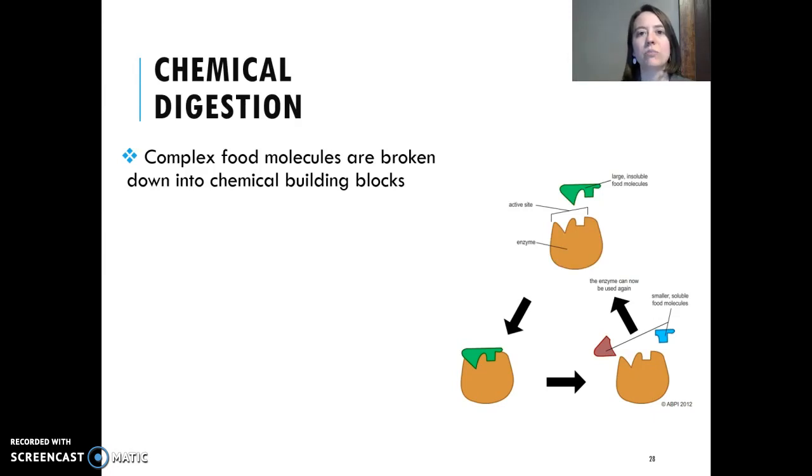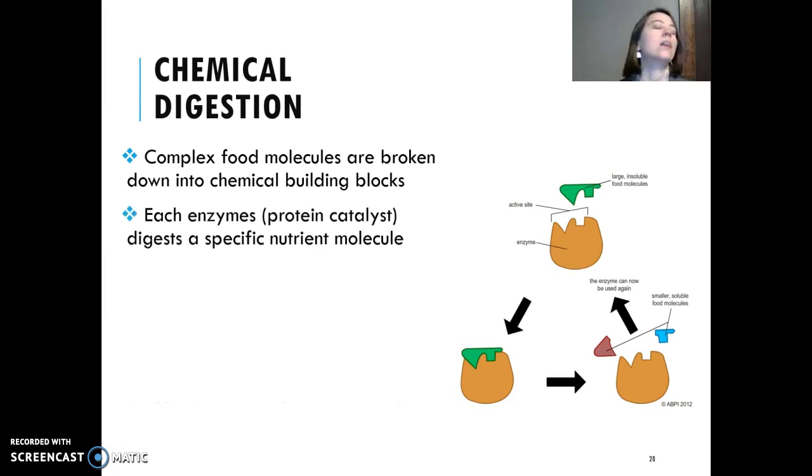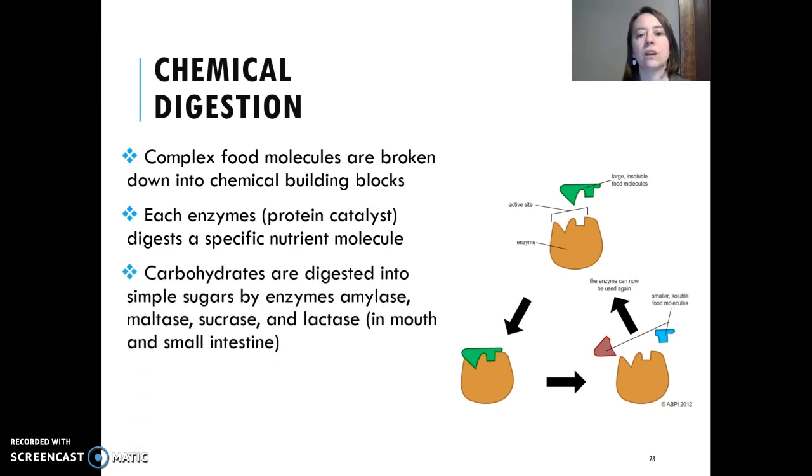And those are way too big for your cells to use, so they need to be broken down into their building blocks. Each enzyme is a protein catalyst, and as you know, a catalyst is something that speeds up a reaction. So each enzyme digests a specific nutrient molecule. So it's like a lock and key system. Like this enzyme will only digest this particular food molecule.